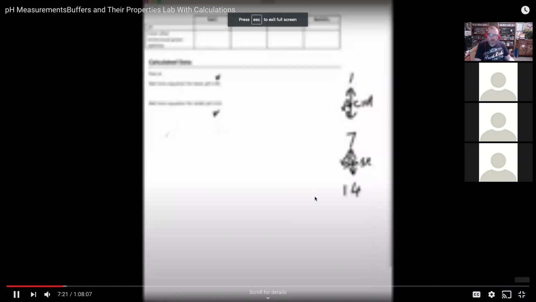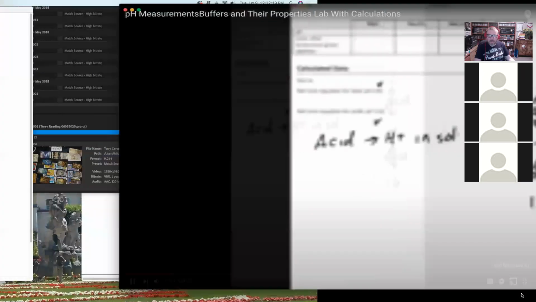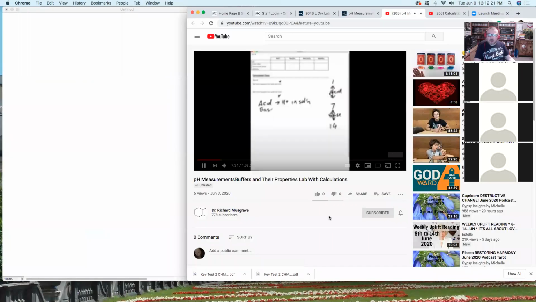Oh, that's awful. Why is that? I don't know why that's not very clear. That's disappointing. When I encoded this, it didn't look quite as nasty as that. But I think it'll probably be high enough quality for you to understand what you're doing with it. At least I hope so. Let me look at the other one here.